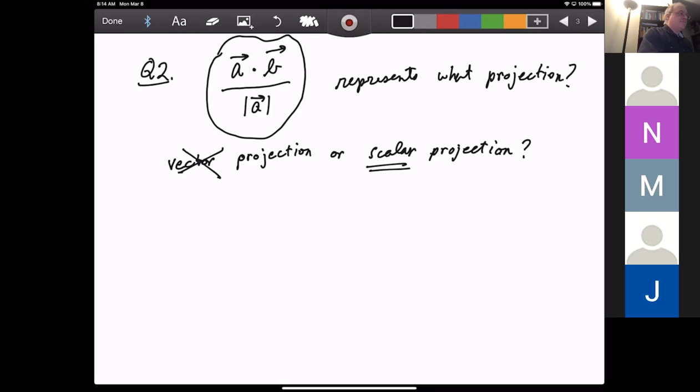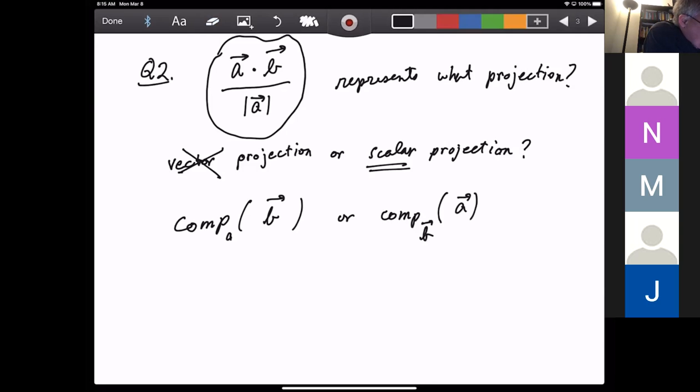So when we think about the projections, right? So these are our scalar projections.